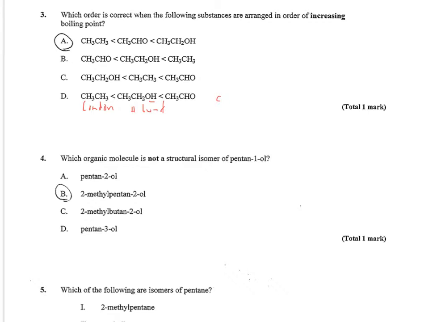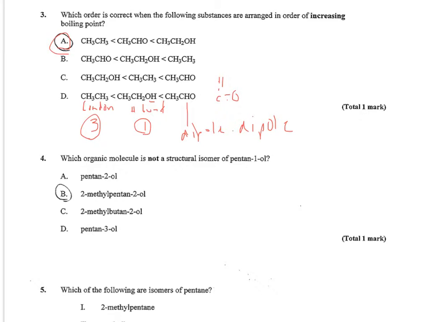And the HO, having a double bonded oxygen, this is a dipole-dipole bond. So the order of strength for these is going to be increasing boiling point. This is going to be the most difficult to boil, whereas this will be the easiest to boil. So the correct order is A, CH3, then the aldehyde, and then the alcohol.